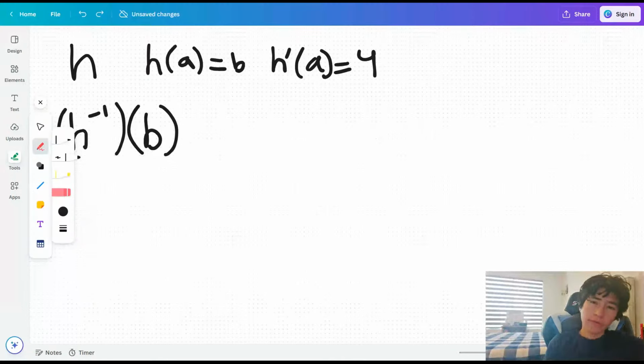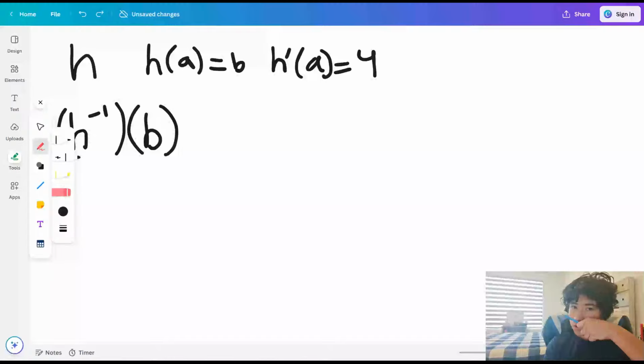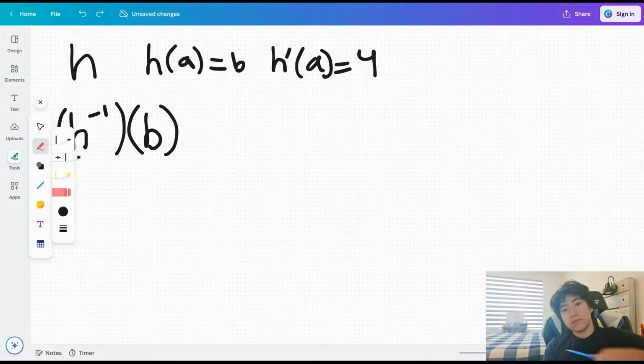One over F prime evaluated at the inverse of F of A. Okay. B. Yes.